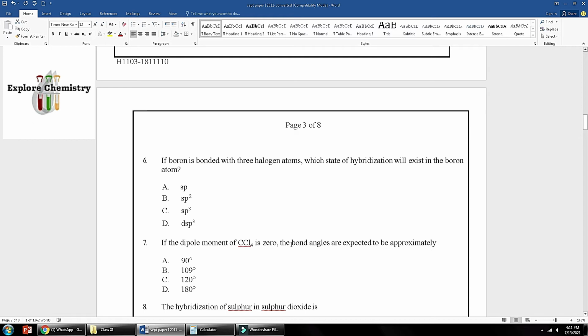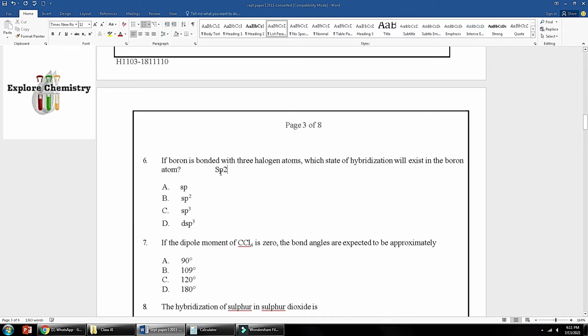Next question is, if boron is bonded with 3 halogen atoms, which state of hybridization will exist in the boron atom? Boron is attached with 3 atoms, means there are 3 hybridized orbitals, and 3 hybridized orbitals are present in the case of sp2.